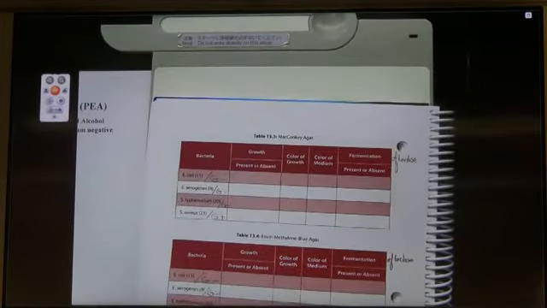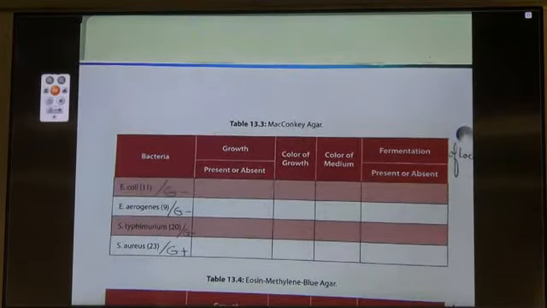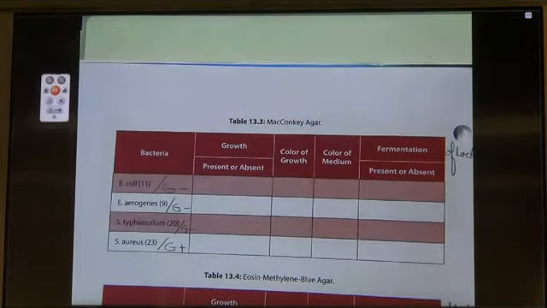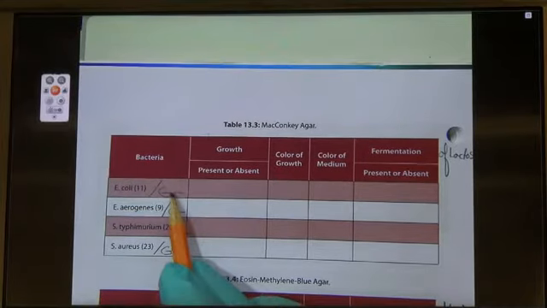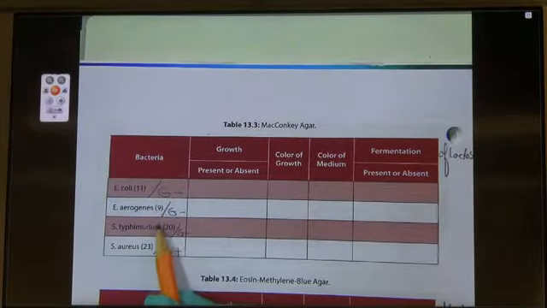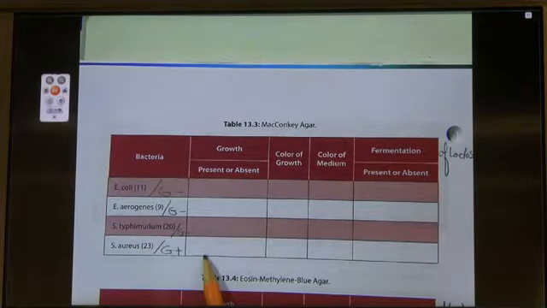Okay, page 106, please, on top. Growth for E. coli, present. For the first three, E. coli, Enterobacter aerogenes, and Salmonella typhimurium, growth, present. The last one, Staph aureus, absent. Why?